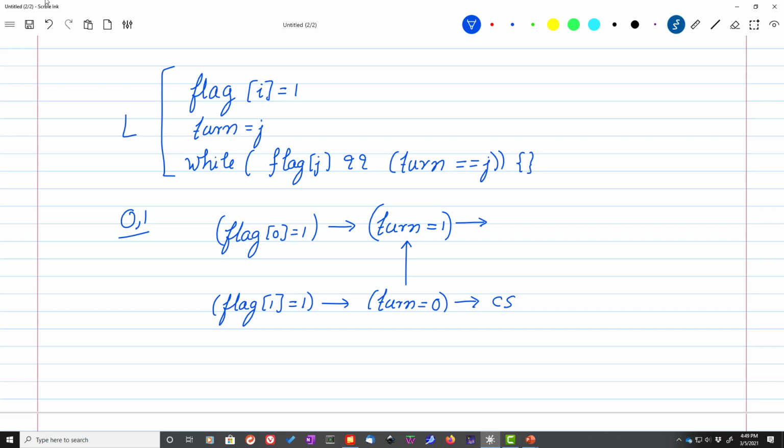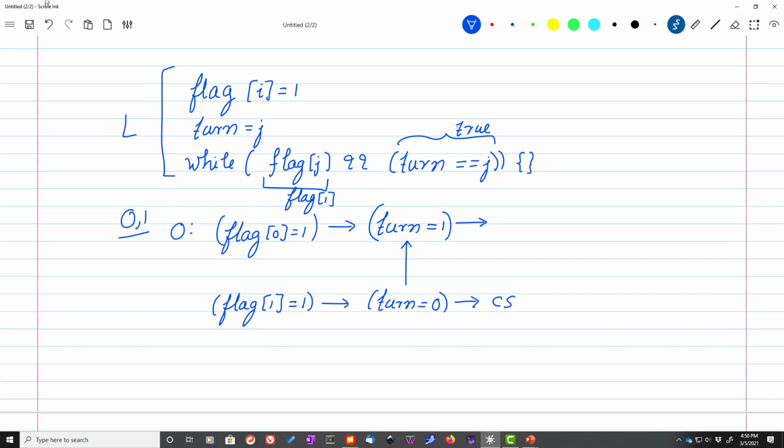So for process 0, what would have happened? This test would have proven to be correct because turn has been set equal to J, turn will remain as J because there has been no intervening write. So this was clearly true. Given that we exited the while loop, clearly it must have seen flag J, which for it is flag 1, equal to false.